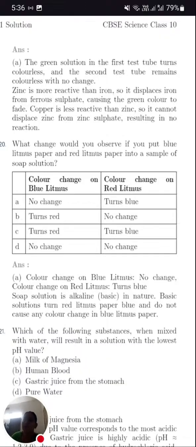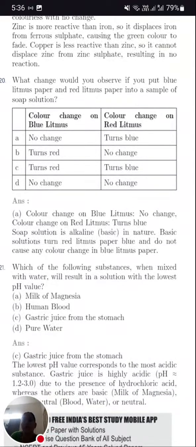But in base, there is no change. Base turns red litmus paper to blue. So when kept in soap solution, blue litmus paper shows no change and red litmus paper will turn to blue. Option A is the correct one, as soap is basic.